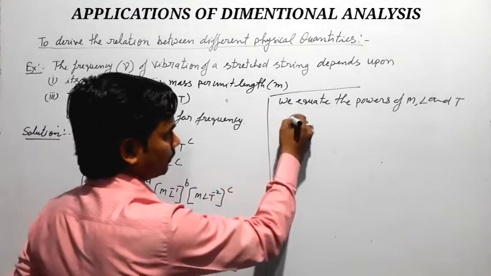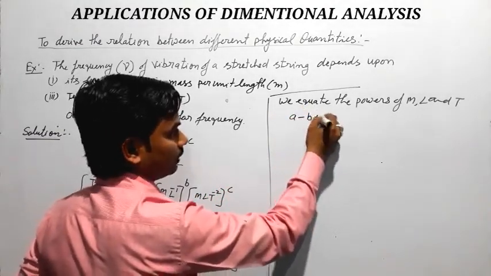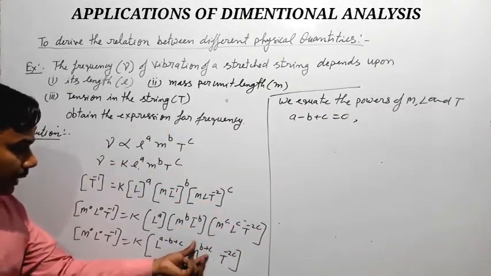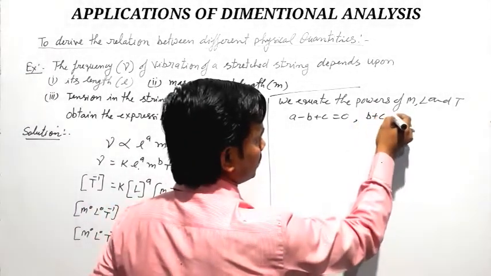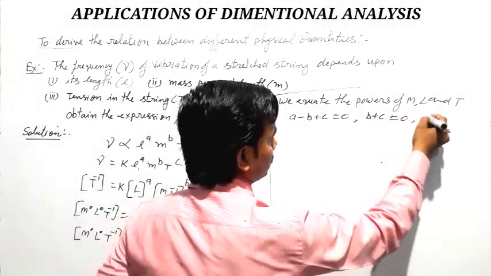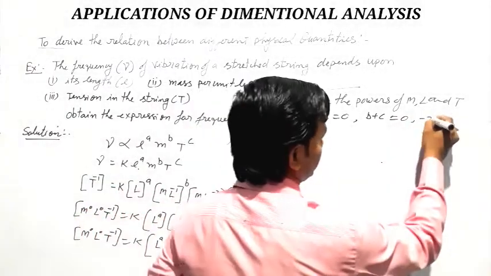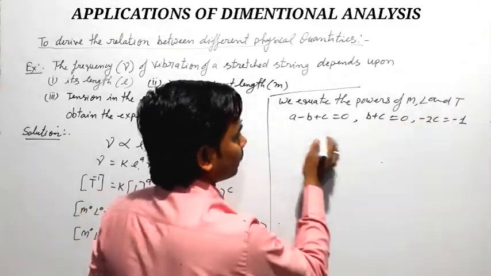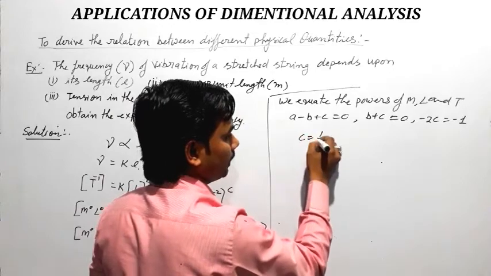So we will write a minus b plus c equals 0. For the power of M, b plus c equals 0, and for the power of T, minus 2c equals minus 1. So from this equation we can write c equals 1 by 2.